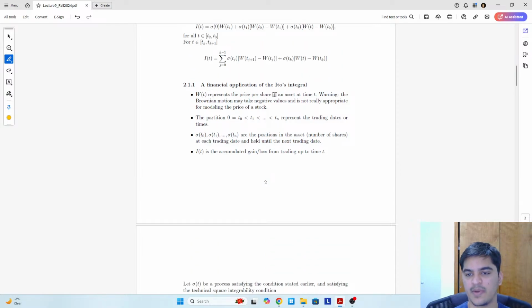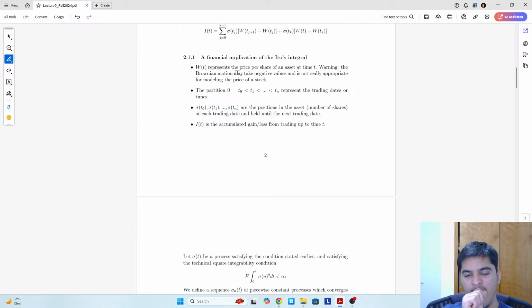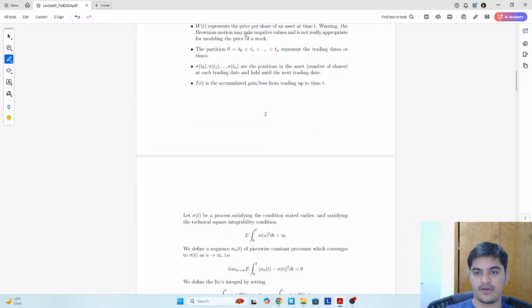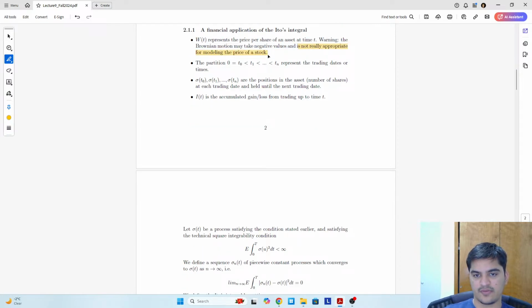A financial application of Ito's integral. Sorry guys, I'm a bit sleepy. W_t represents the price per share of an asset at time t, warning that Brownian motion may take negative values, so it's not really appropriate for modeling the price of a stock.